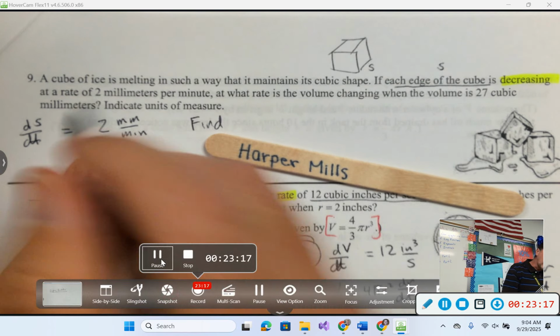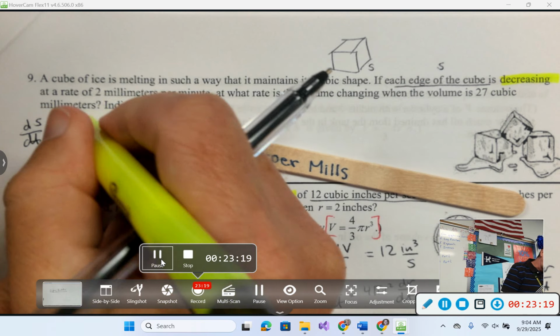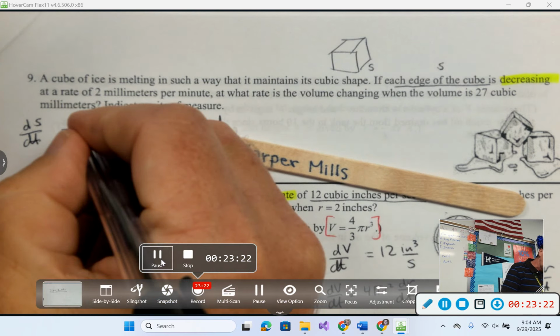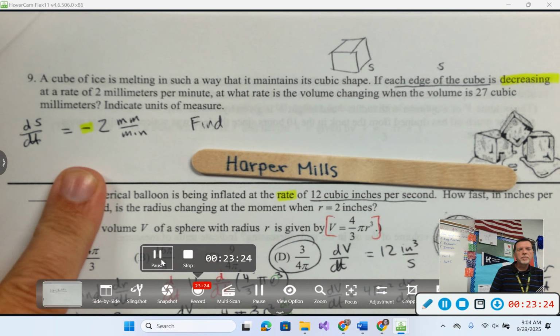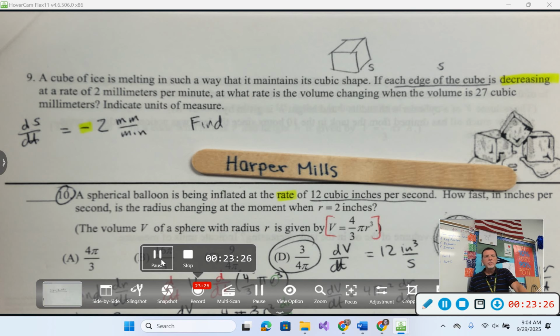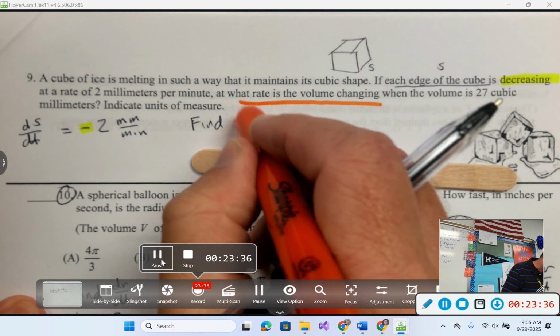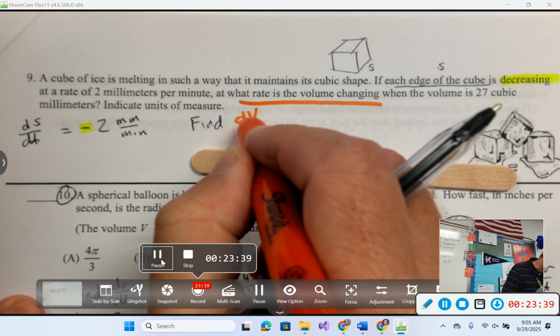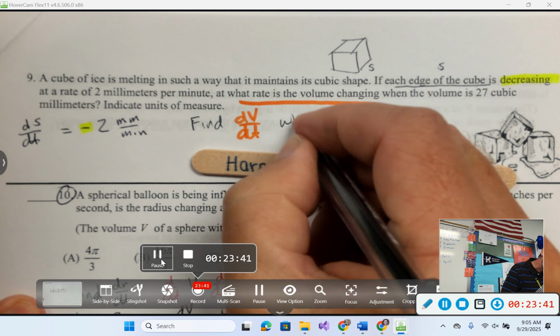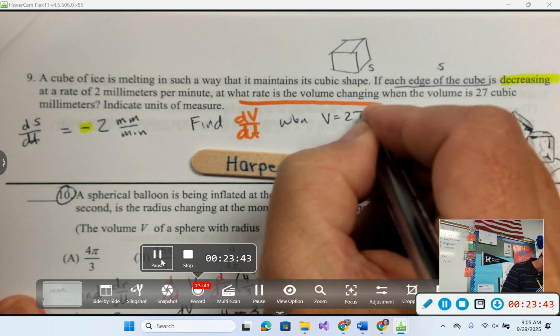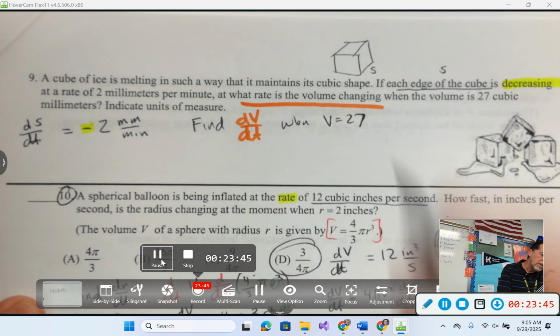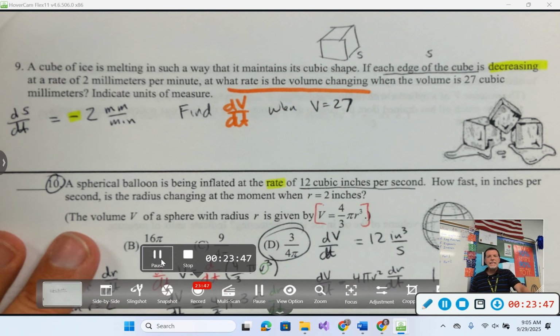It's decreasing, so that needs to be a negative 2. And Harper, what's it asking me to find? When V is 27. So find dV/dt when V is 27.